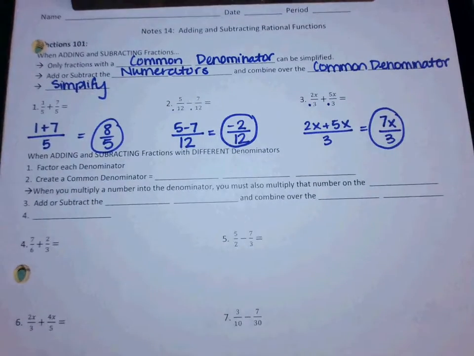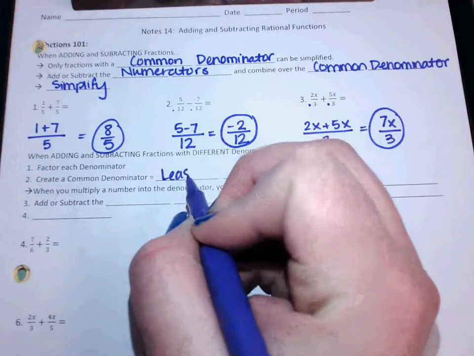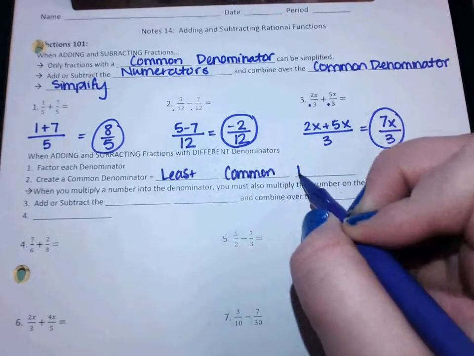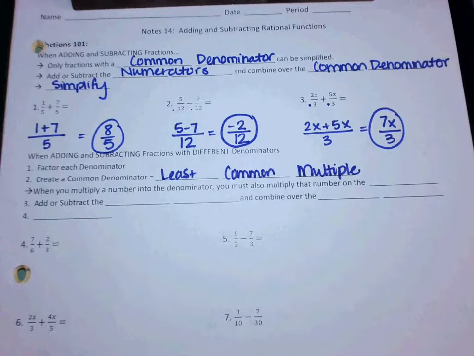Now let's talk about how to fix it if they don't already have a common denominator. If they do not, you are going to create a common denominator by considering the least common multiple. Basically, that means you need to find the smallest number that both of the bottom numbers can multiply to be so that they match each other.